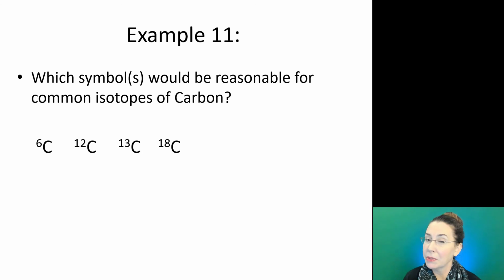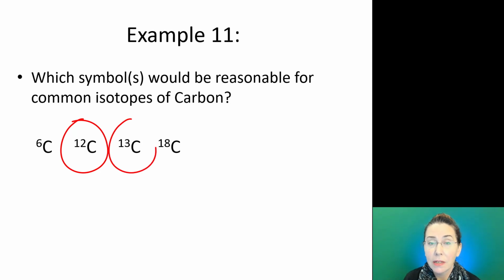Let's try example 11. Which of these 4 symbols would be reasonable for a common isotope of carbon? You might be giving more than one answer here. In example 11, if you chose carbon-12 and carbon-13 as your reasonable isotopes, you would be absolutely correct.